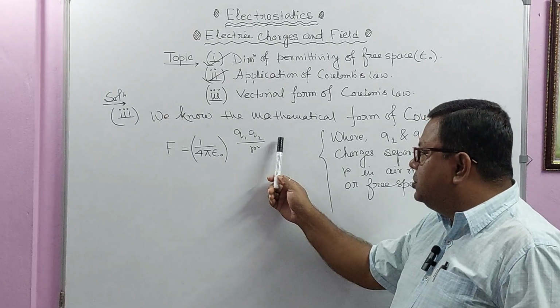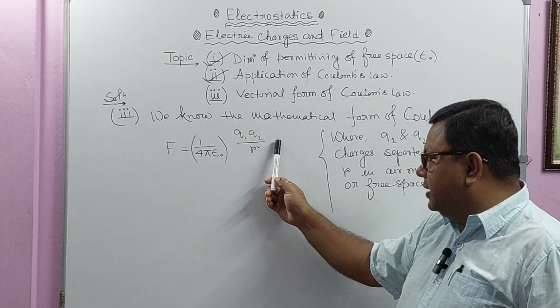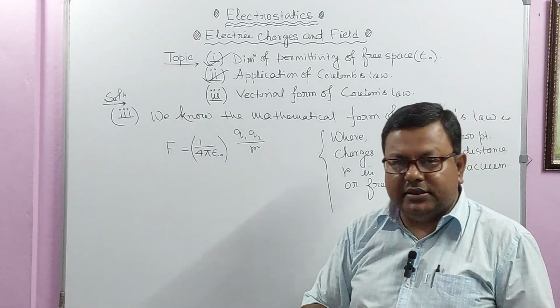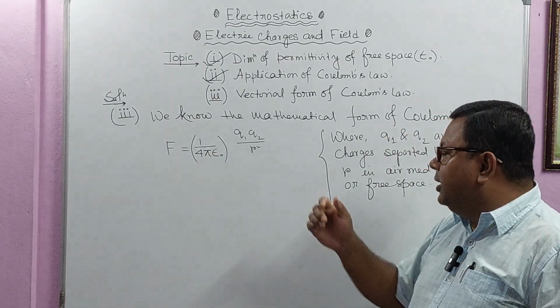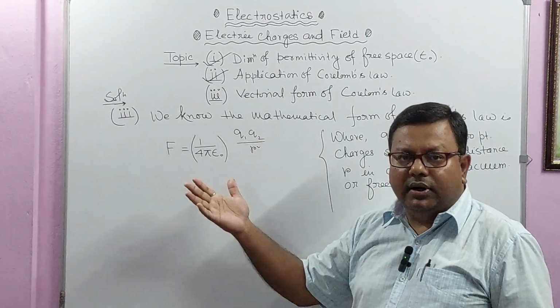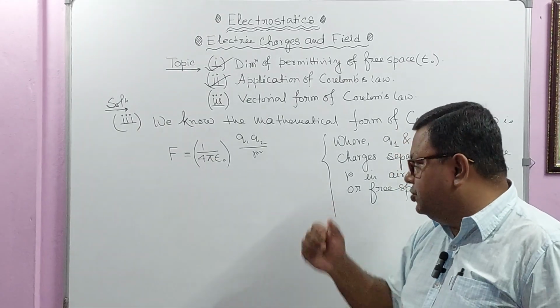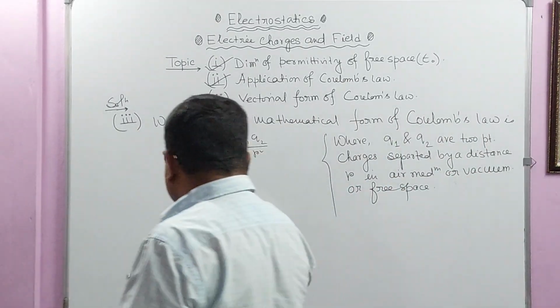So first of all we should multiply it with an r cap. R cap is the unit vector, and the unit vector is a fantastic physical quantity, and the unit vector can convert a scalar into a vector without disturbing its magnitude. Okay, so let's put it.